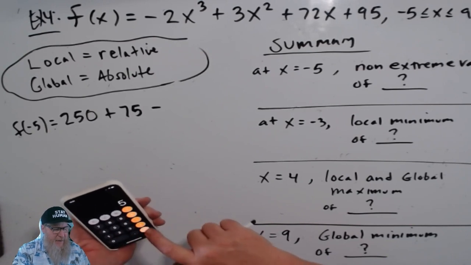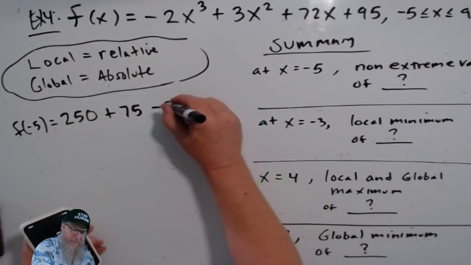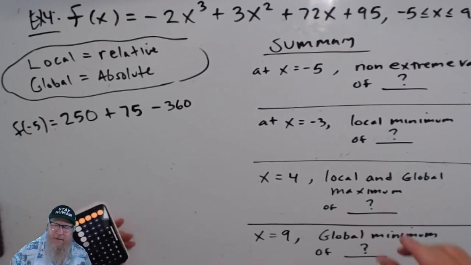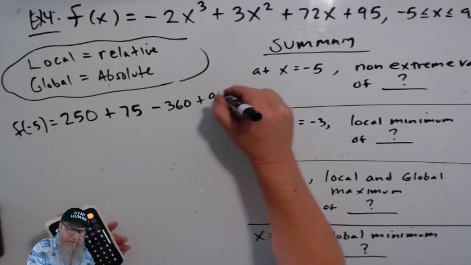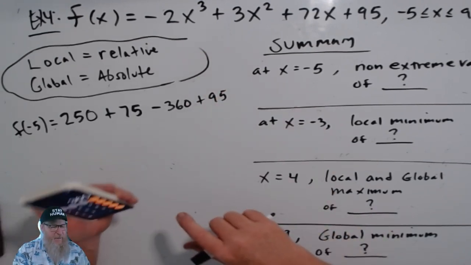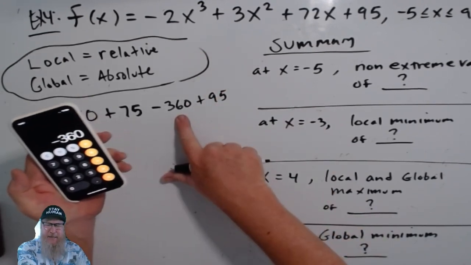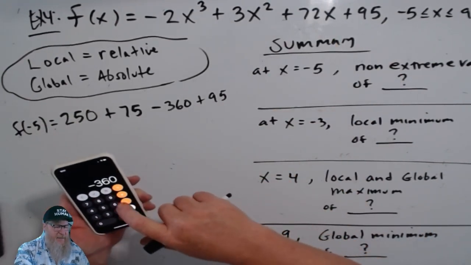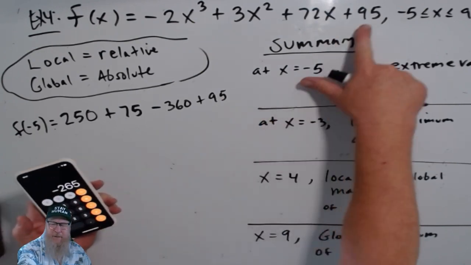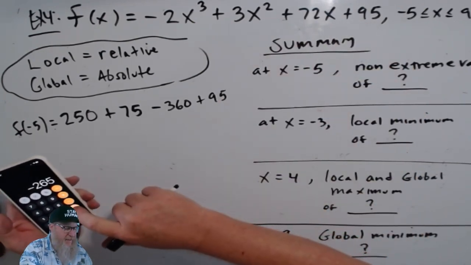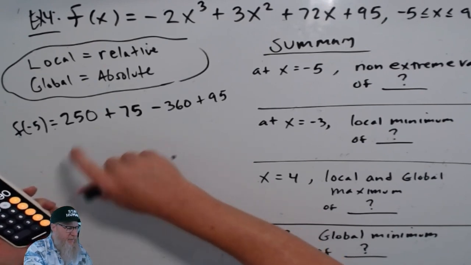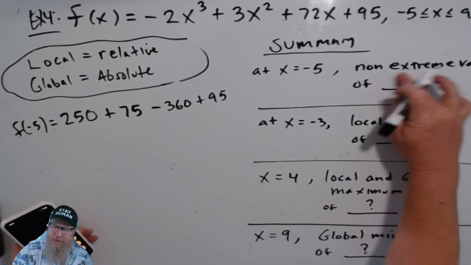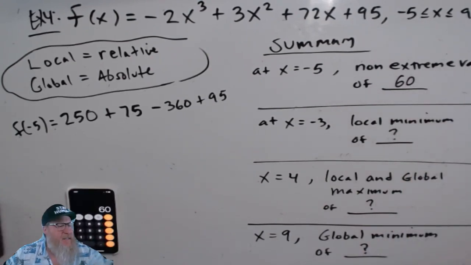Probably by the time I type it out, you'll go, oh yeah, 360. 72 times 5, and then plus 95. So that's negative 360, because it was negative 5 times 72, plus 95, plus 75, plus 250. So a non-extreme value of 60.